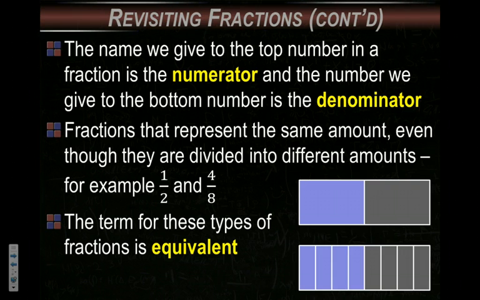But if you notice the section that's colored, it's the same amount. So those 2 fractions essentially are equal. They are equivalent. If we were cutting up a cake, and I said, do you want this big piece, or do you want these 4 smaller pieces, you'd go, doesn't matter. Why? Because you get the same amount of cake.